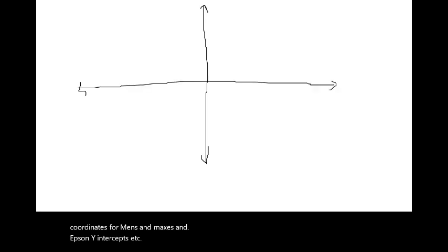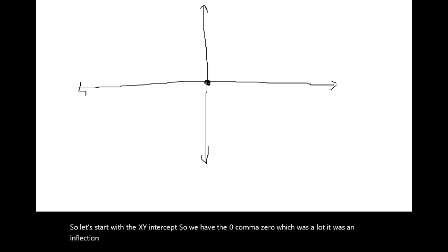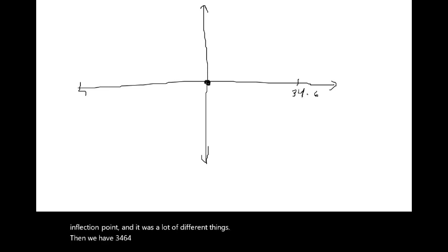So let's start with the x and y intercepts. So we have the point 0, 0, which was a lot. It was an inflection point, and it was a lot of different things. Then we have 34.6 for one of our x-intercepts. And then we have negative 34.6 for the other x-intercept.